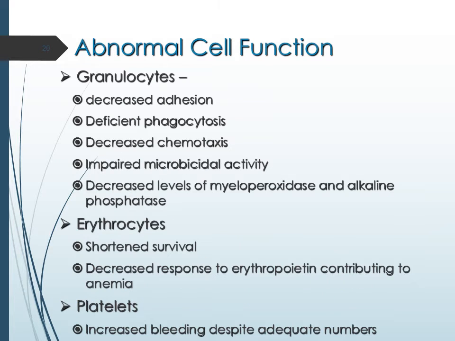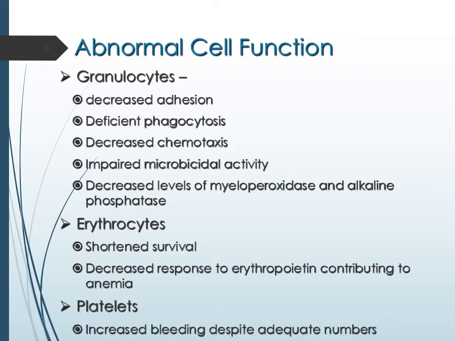So, the abnormal cell functions that we see in MDS. In the granulocytes, the problem is they may have decreased adhesion, deficient phagocytosis, decreased chemotaxis, and impaired microbicidal capacity. Decreased levels of myeloperoxidase and alkaline phosphatase have been found.